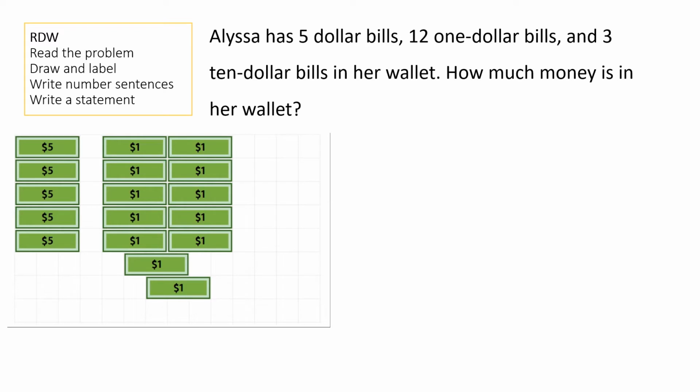Then finally, she has 3 $10 bills. This could have been one of the ways I drew and labeled a picture to represent this problem. I'm now going to find the total of each group just to help me find the total in her wallet.